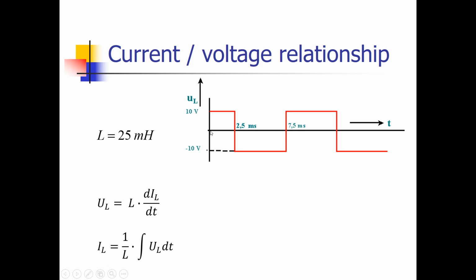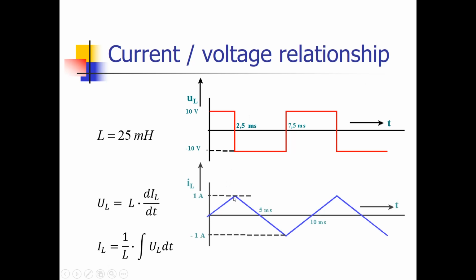The current will increase linearly, and at this point the maximum value of that running area is 10 times 2.5 milliseconds, which is 25 times 10 to the power of minus 3. But we have to divide it by the L value, which is 25 millihenry, so we get 25 divided by 25, which gives us an amplitude of 1 ampere.